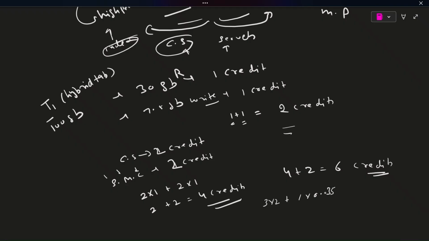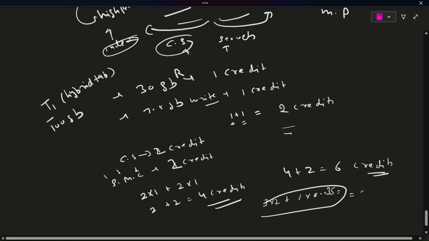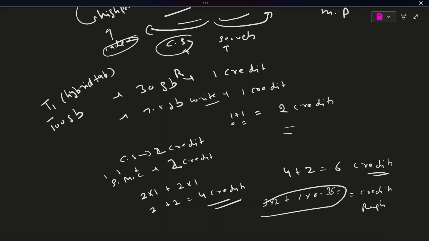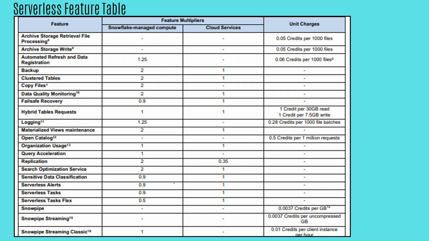Got it? Equal to this sum. These many credits will be charged for replication. So basically these multipliers you also need to consider when you are using serverless services.